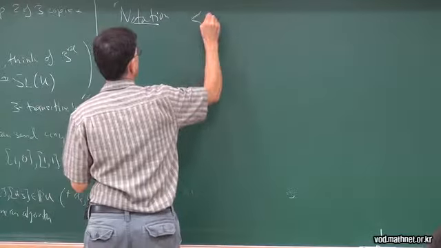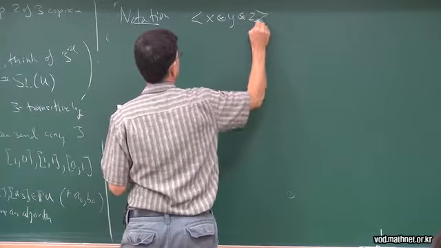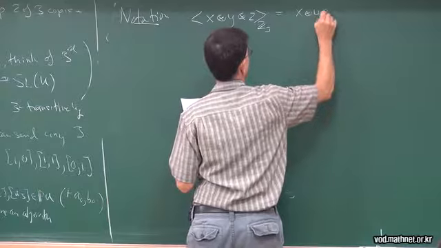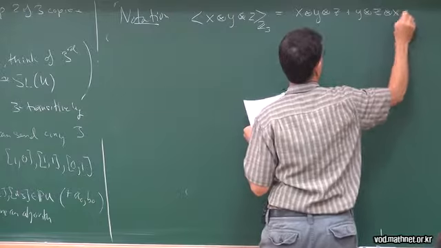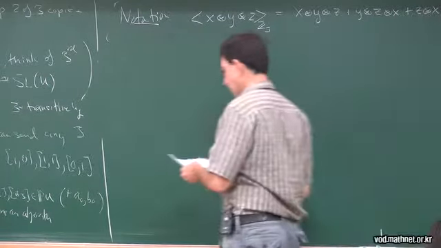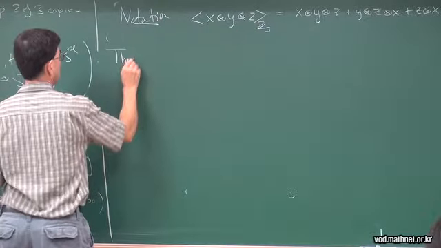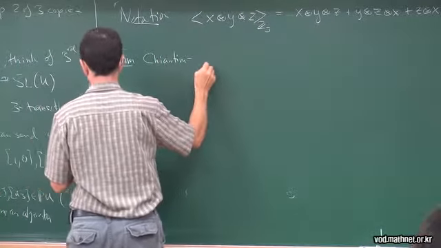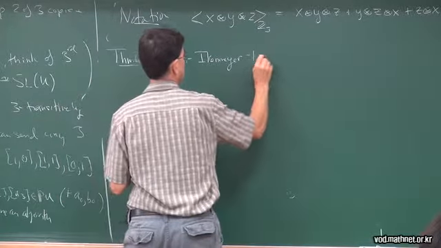If I have X tensor Y tensor Z, I'll write Z3 to just be the cyclic sum. And here's the theorem. This is Chiantini, Eichenmeyer, myself, and Ottaviani.